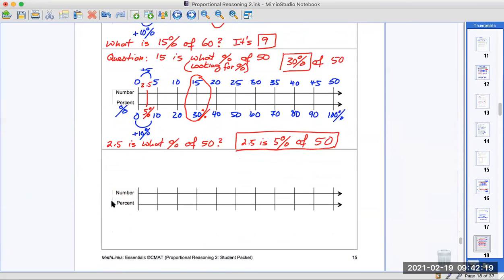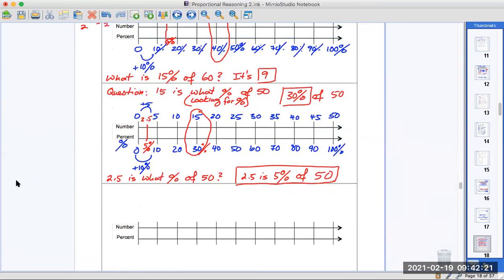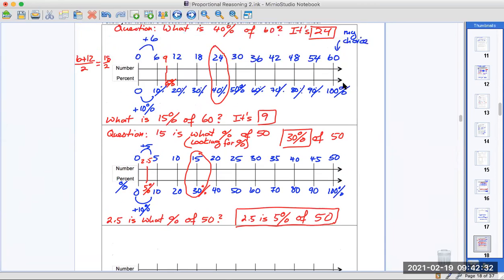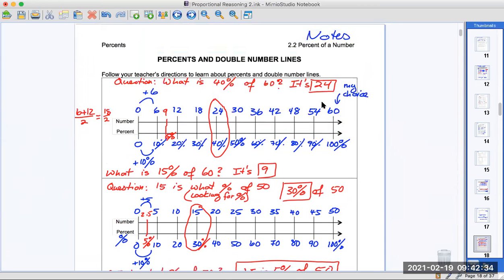Last one. Oh, by the way, I wanted to show you some equations that you have to write eventually. So here are the equations. I'm going to squeeze them in here on the margin. So if you have 40% of 60, it's 24. Here's the equation. The equation is always the part over the total.